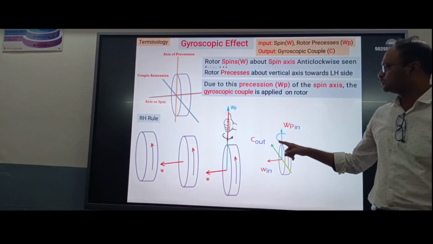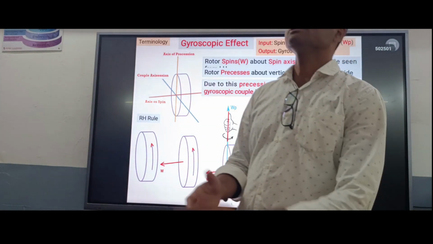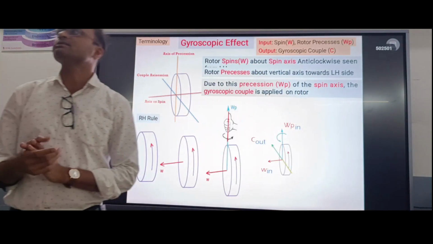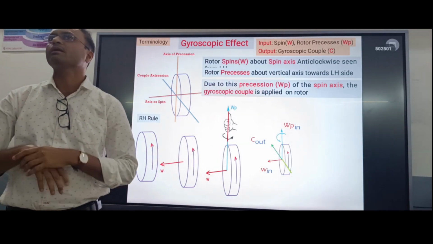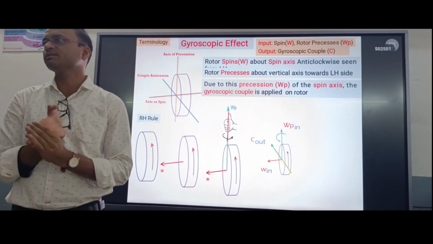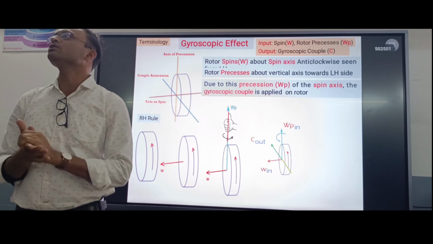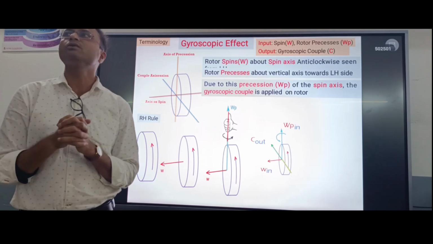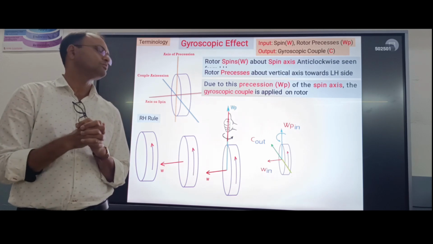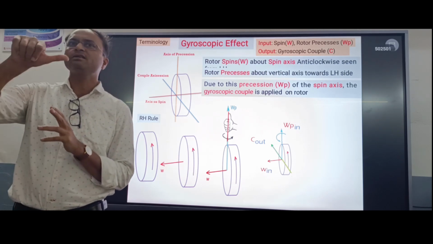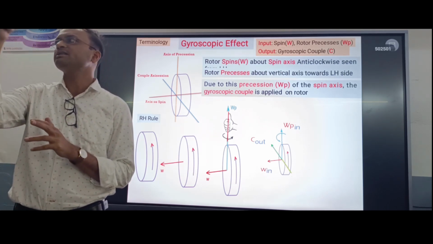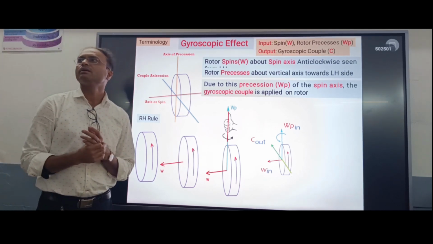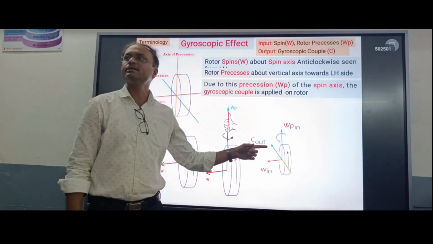Now only one thing, how to decide the direction. Right now, the direction of the couple axis is perpendicular to the spin axis and precession axis. Perpendicular to which two axes?